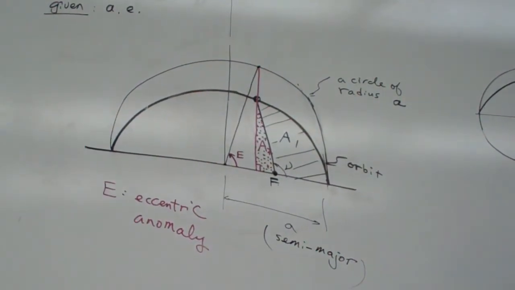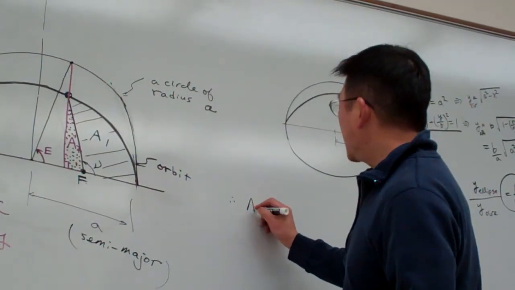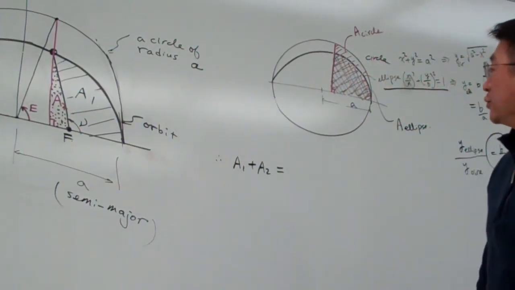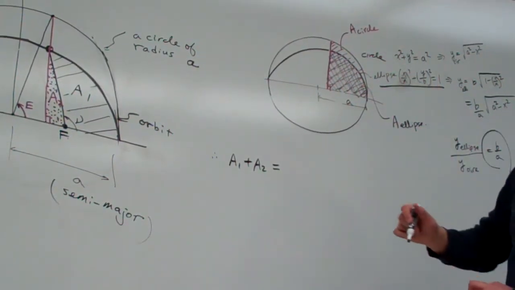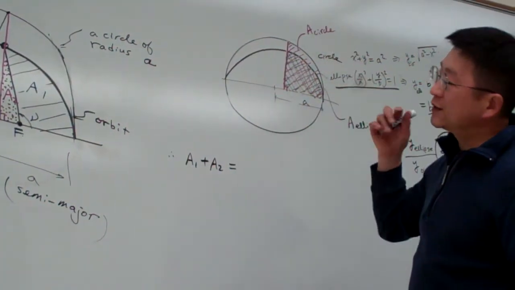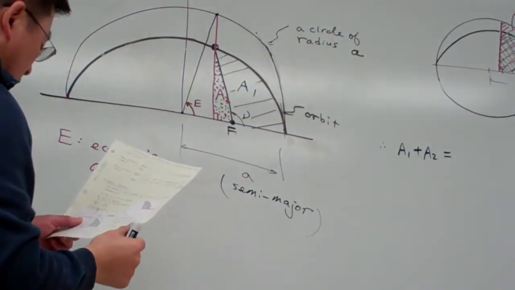Let me keep to here. So therefore, A1 plus A2 will be equal to, what is the circle corresponding to that one? Let me give a notation here.